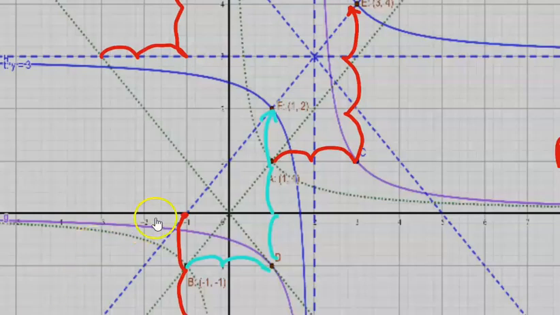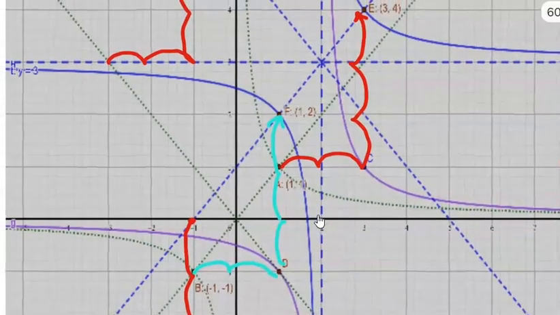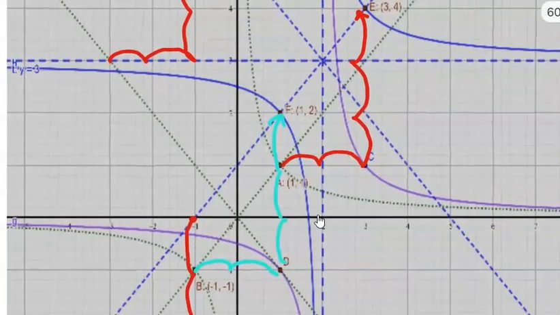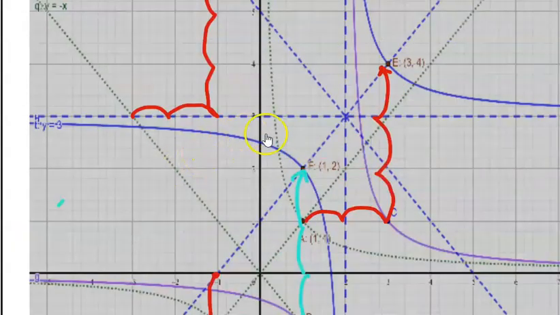What we also see here is that this blue graph has an x-intercept, and it is here near the value of 2, and it also has a y-intercept of, it looks like, 2.5 there. So the y-intercept 2.5 and the x-intercept here. Let us work that out.